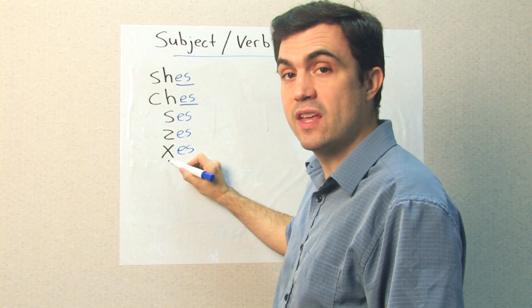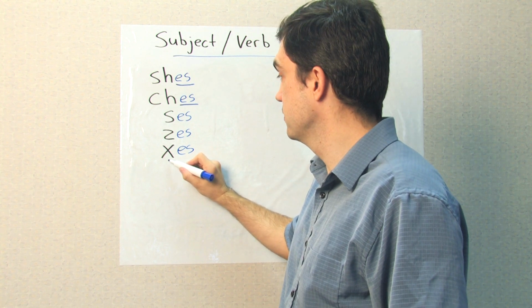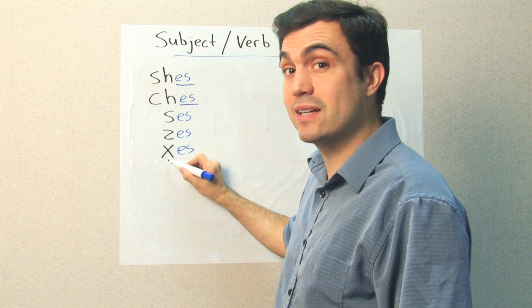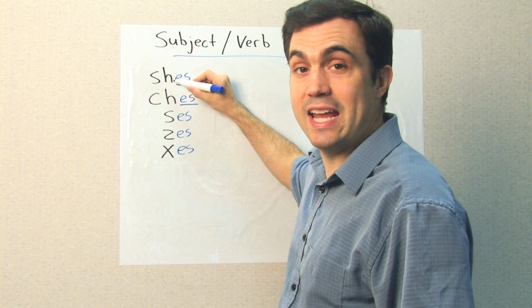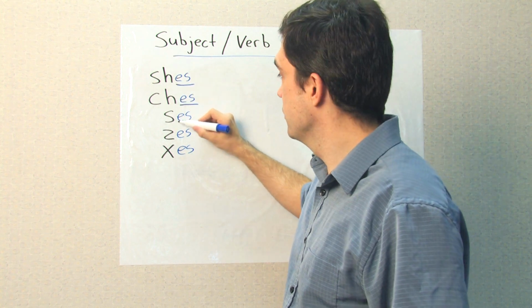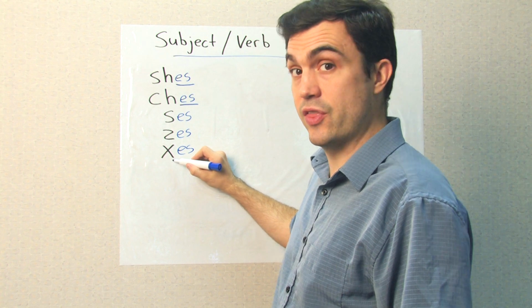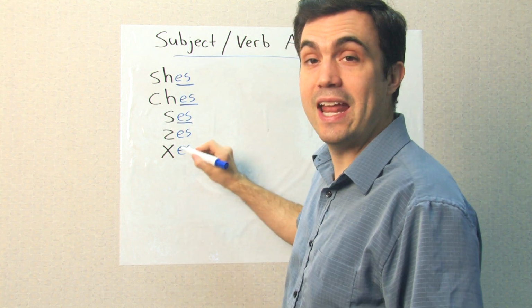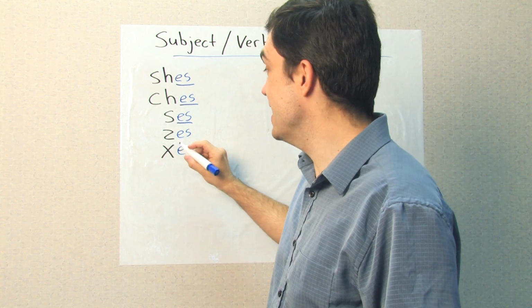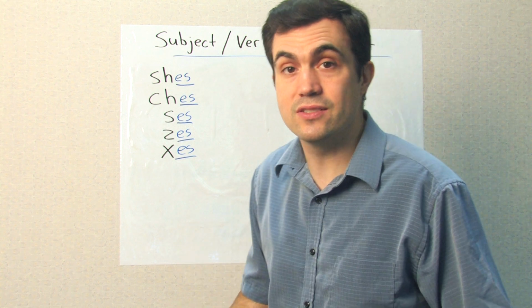And X, fix. She fixes. He boxes. Okay? So SH, CH, S, Z, or X in the third person singular, we add ES. And it sounds like EZ, ez, ez, ez. There it is.